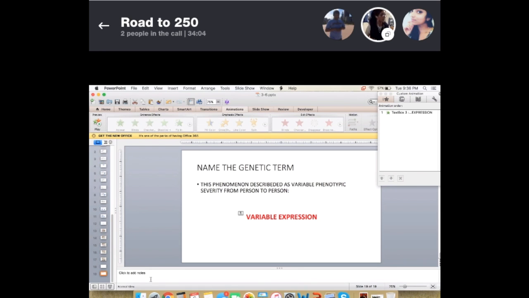I don't know what happened to that slide. Okay, let me ask you real quickly. The question is, this phenomenon describes a single gene which has more than one affected phenotype. Pleiotropy? Exactly. Good job.